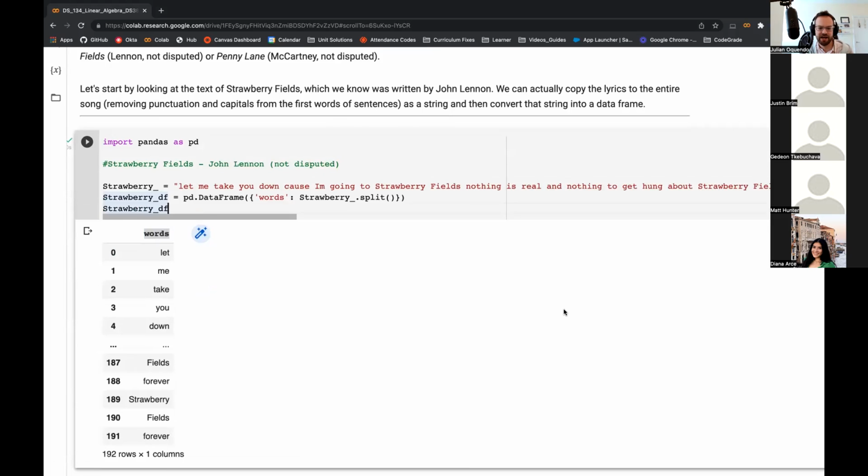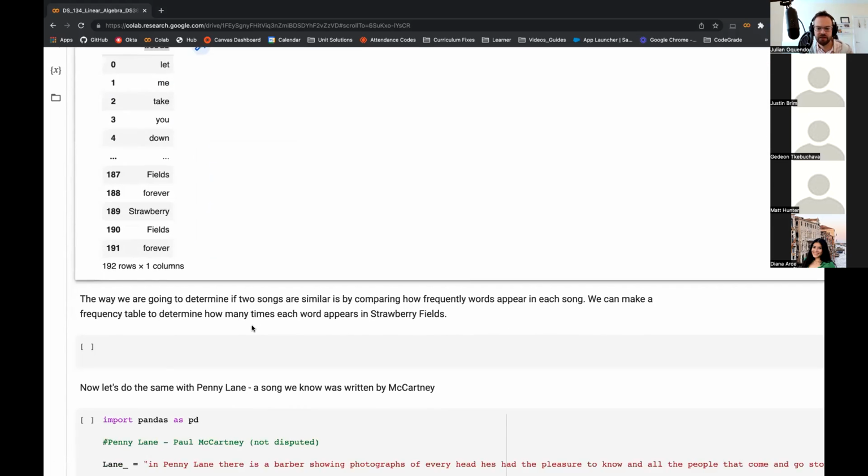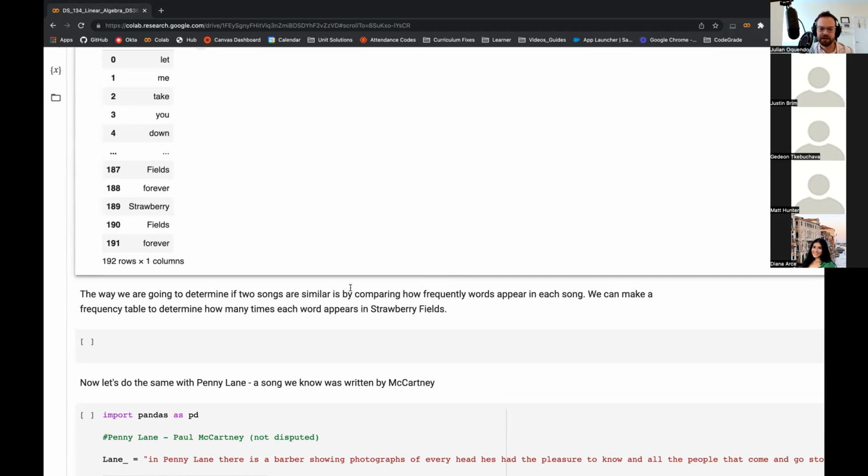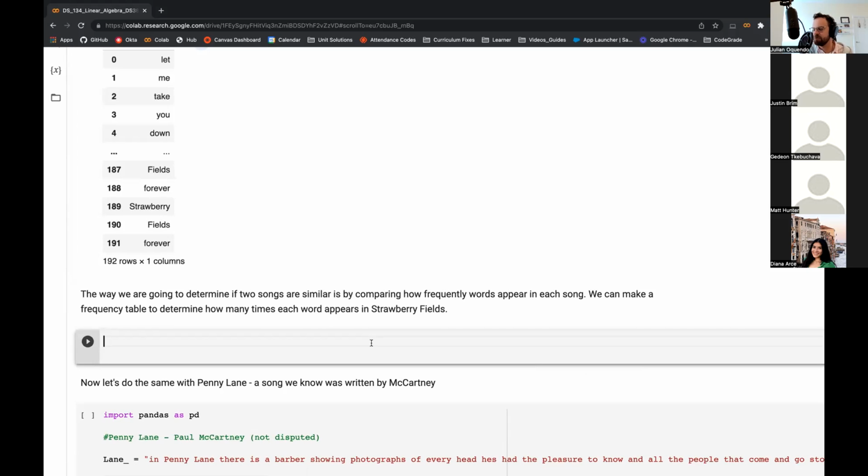So once we have this object created, let's determine and measure the cosine similarity between these two songs by comparing how frequently the words show up in each song. So let's count how many times a word shows up in each song and determine how often that appears in Strawberry Fields. There's a few different ways that you can do this.